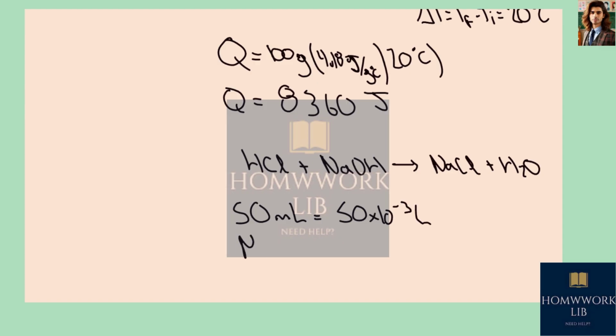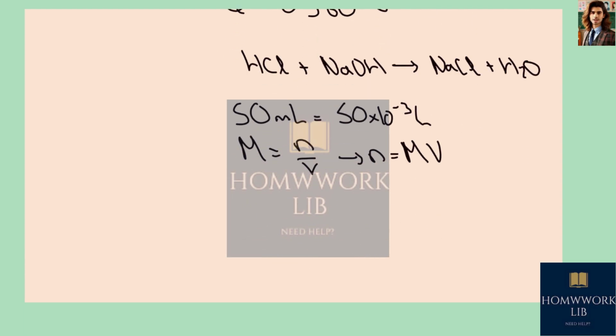And remember that molarity is equal to amount of mole divided by volume. Thus, the amount of mole would be equal to molarity times volume. The amount of mole that we had added of each of the reactants, in this case, would be 50 times 10 to the minus 3 liters, multiplied by 3 molar, which is 0.15 mole.